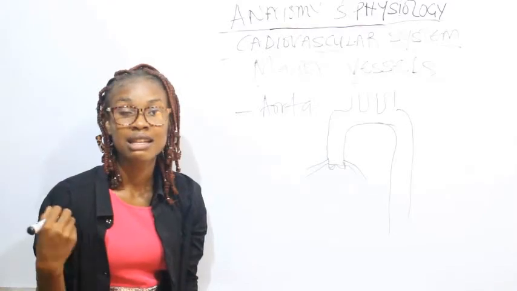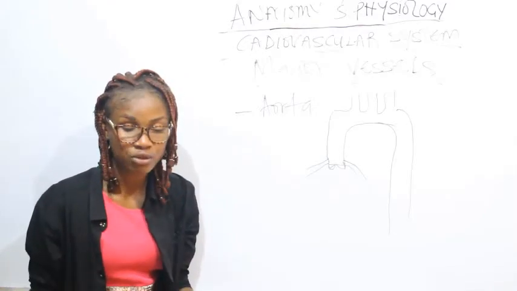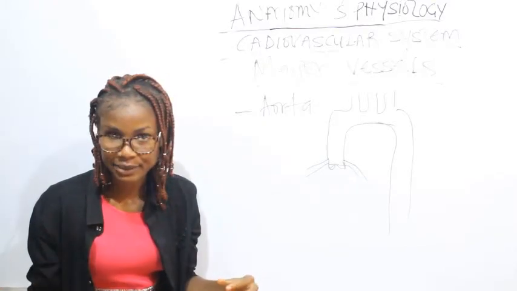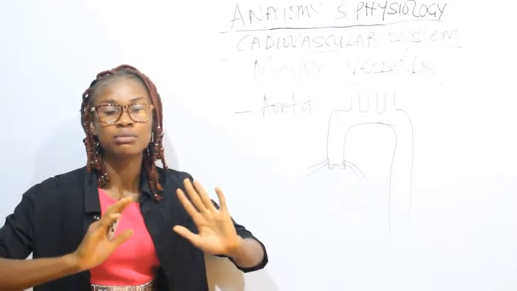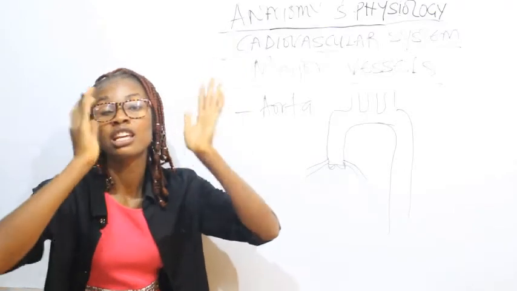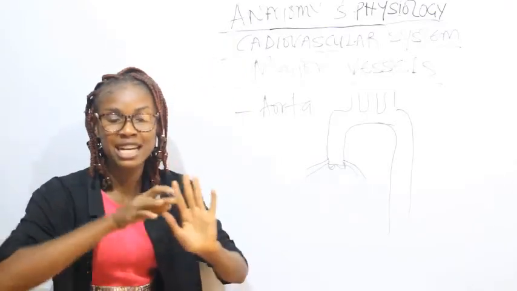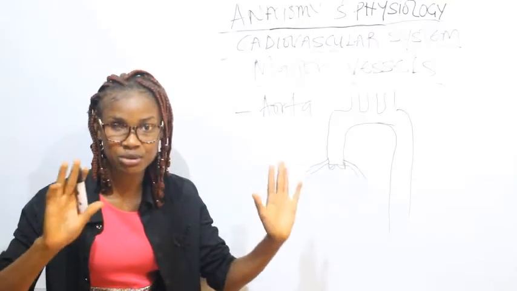Okay, let me kind of repeat it. I said the aorta is descending at the abdominal level. We've looked at the paired and the unpaired artery.